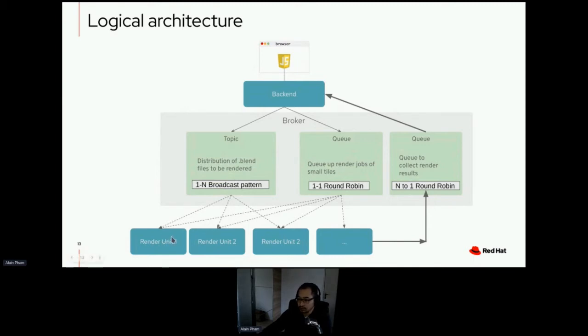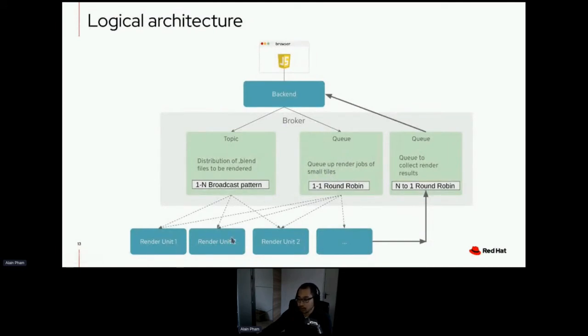Then, once these units have acquired the file, we should be able to send out render jobs to say, okay, you are responsible for rendering this tile, and you would be responsible for the next one, and so on and so forth. And so this would be done in a queue, right?